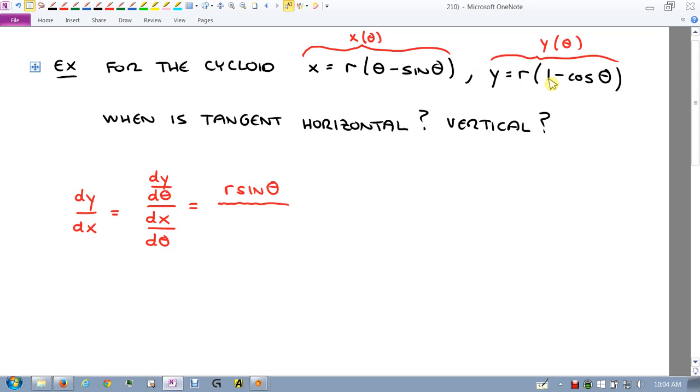Over here it was a constant, derivative of constant was 0. So derivative of theta is 1, derivative of sine is cosine, and then you have an r in front of all that. Yes? R's cancel? Sine theta over 1 minus cosine theta.